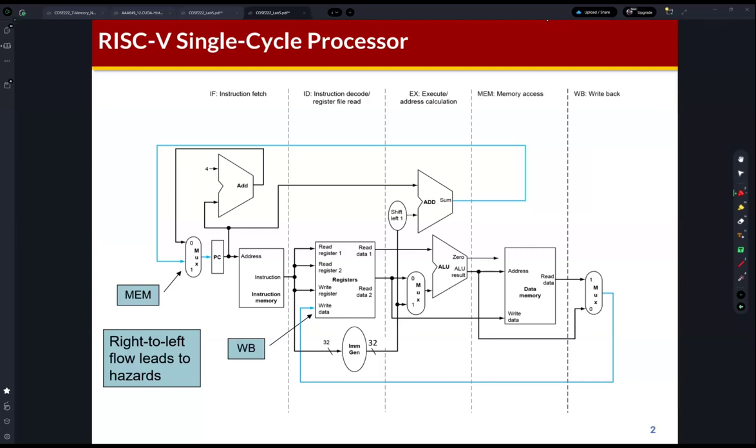Based on it, we can complete the five-stage pipeline architecture. How? You can just split the operation stages of this processor into five stages.